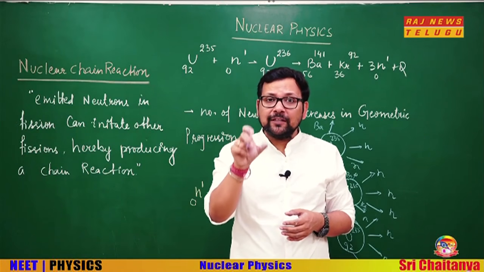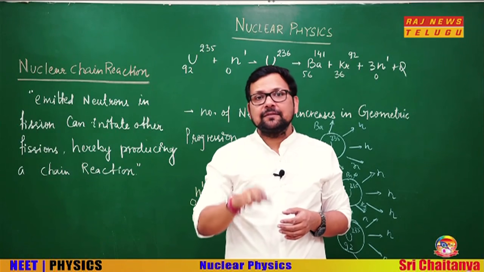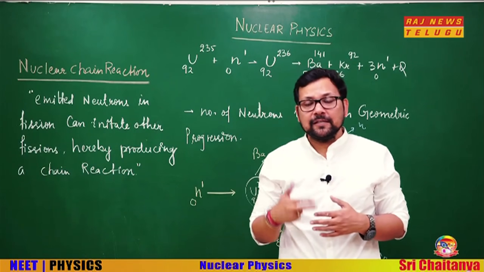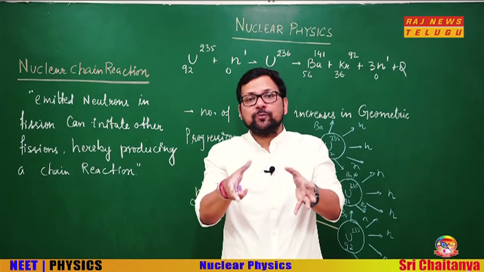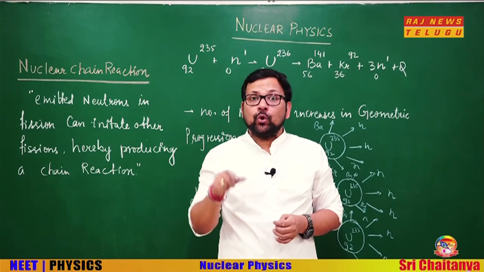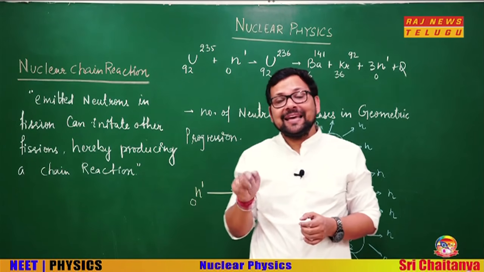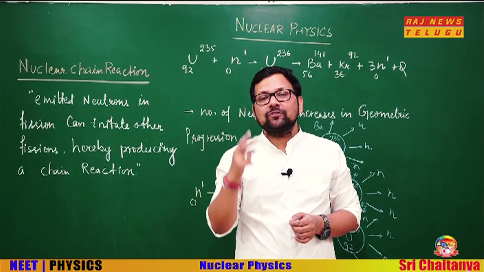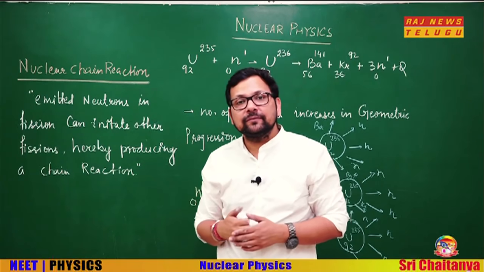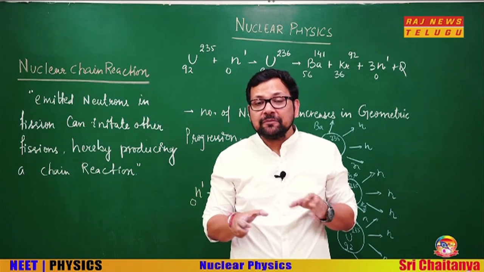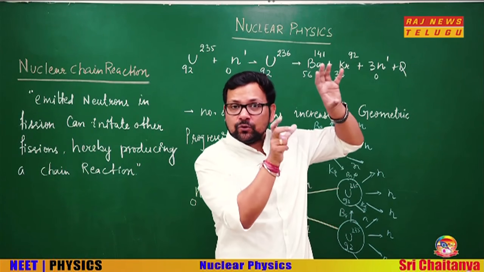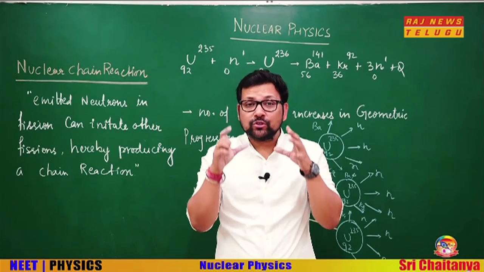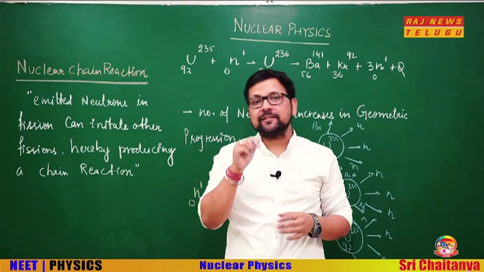All those 3 neutrons were also energetic, because the energy released in the fission is in the form of kinetic energy of the products. So those neutrons will again act as projectiles for 3 U-235. So at the same time, 3 other U-235 will undergo fission.